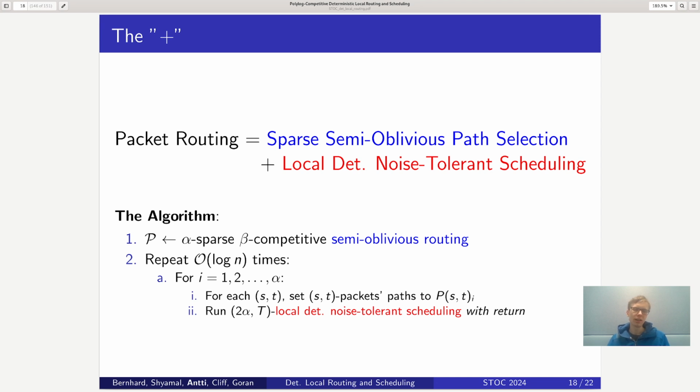Which means that for at least half of the good paths, they appear for some i where a 1 over 2 alpha fraction of the paths for that i are good. And half of those paths and half of packets with those paths get delivered, which means we deliver half of the packets, a fourth of the packets, and repeating this log n times, we deliver all of the packets.